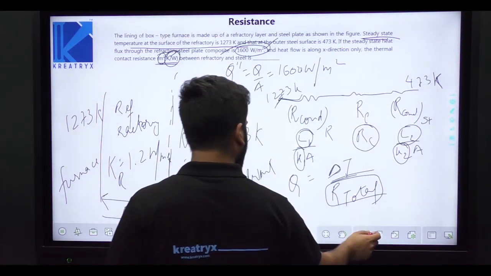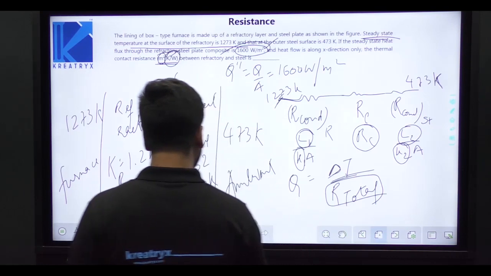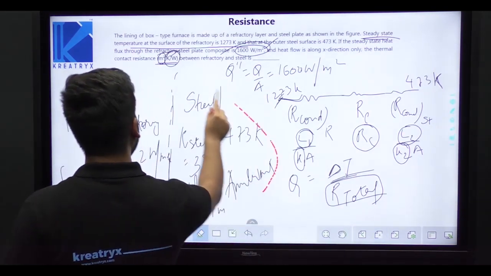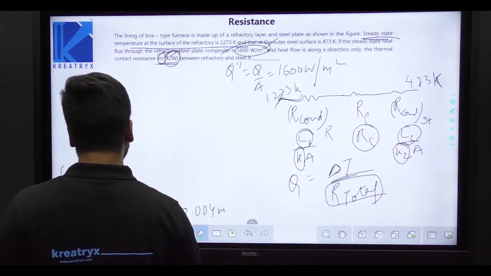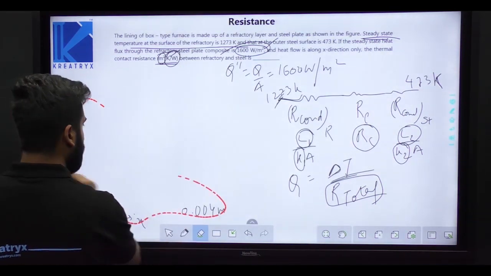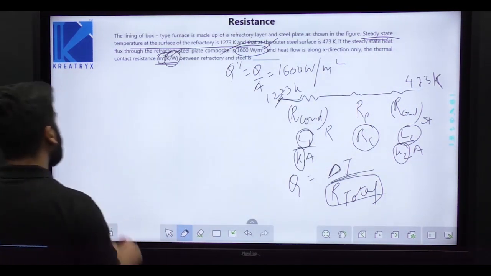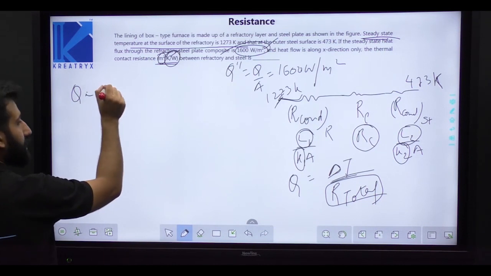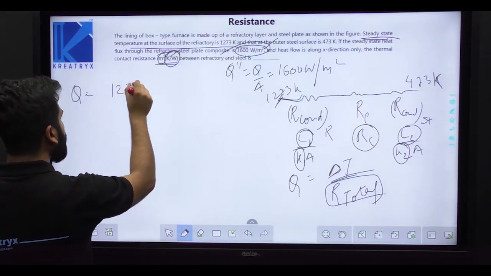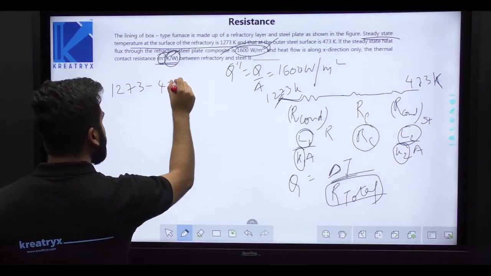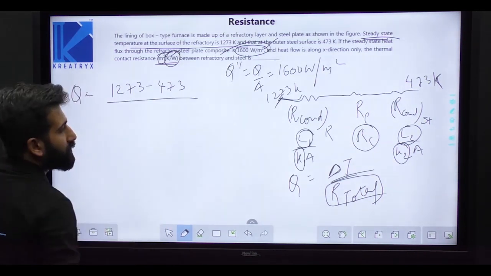So let me remove this figure. Yeah, make space for something. Okay, so delta T will be 1273 minus 473 upon L1.